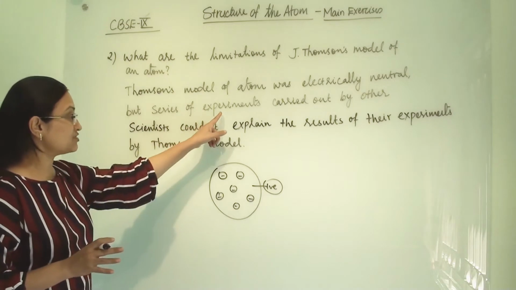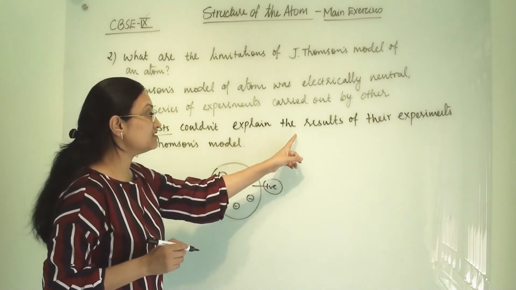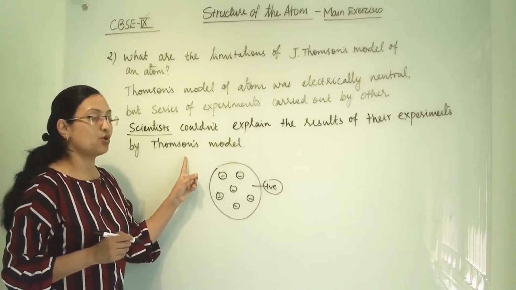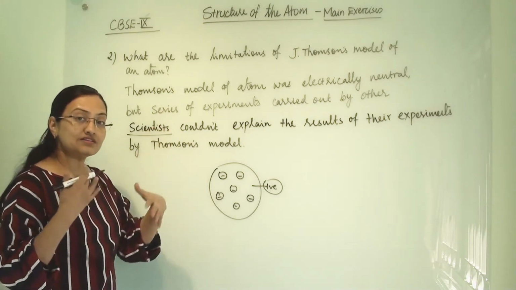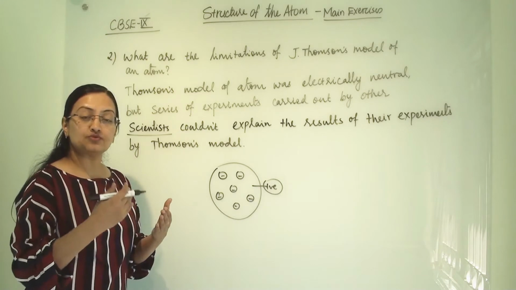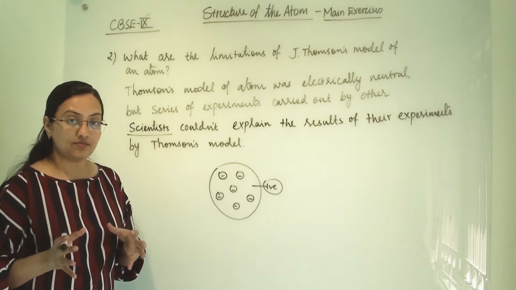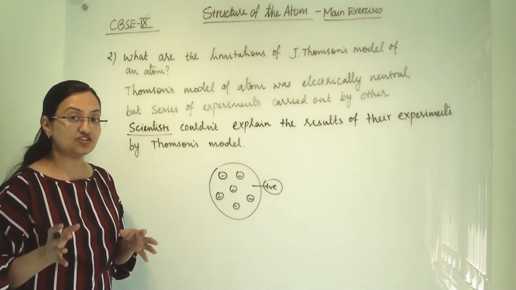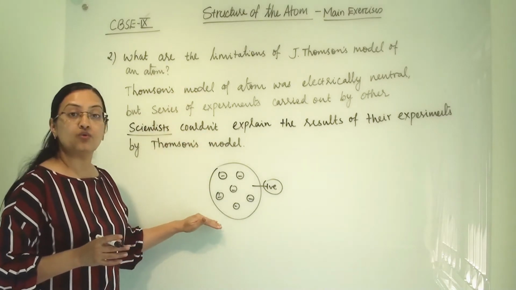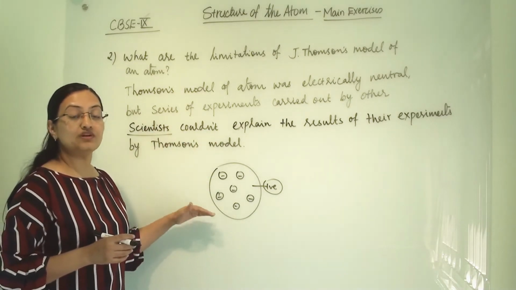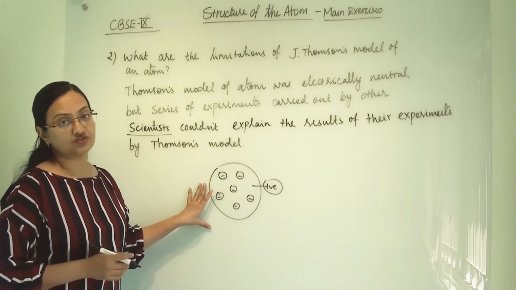But a series of experiments carried out by other scientists could not be explained by Thomson's model. We know this is not the correct model of an atom. Other scientists, who were continuously discovering the nature of the atom, found their experimental results were not matching Thomson's model, and they couldn't explain their observations on its basis.